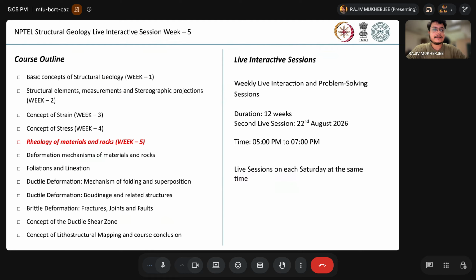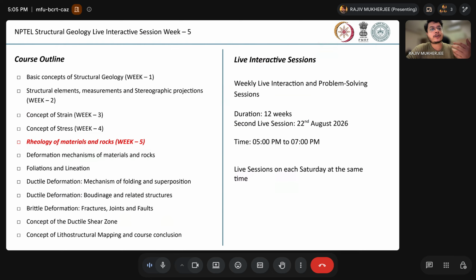And now, coming to the fact that at what condition of pressure, temperature and stress materials behave differently.